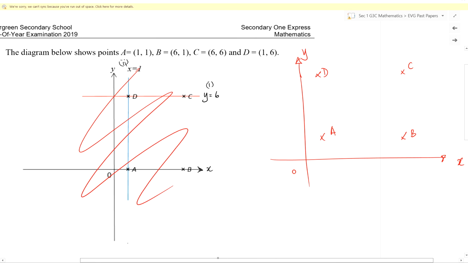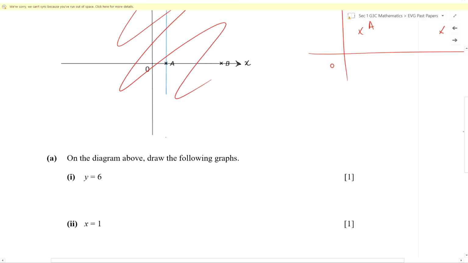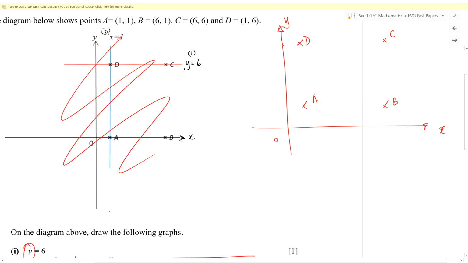What we are told to do is to draw Y equals 6. This Y over here refers to a level. Draw level 6. Y equals 6 is a horizontal line. Where exactly is level 6? Well, I only know that this is level 0. Then A itself has a coordinate of 1, 1. B has coordinates of 6, 1.